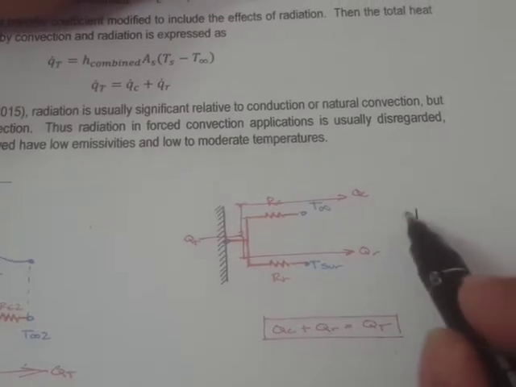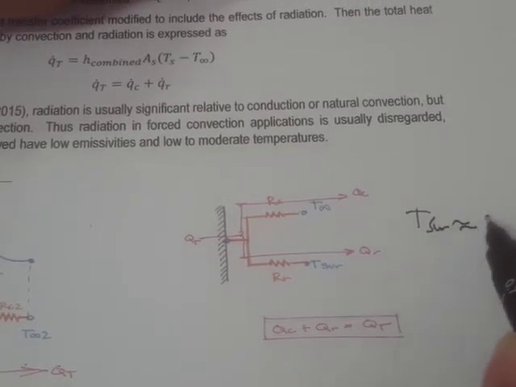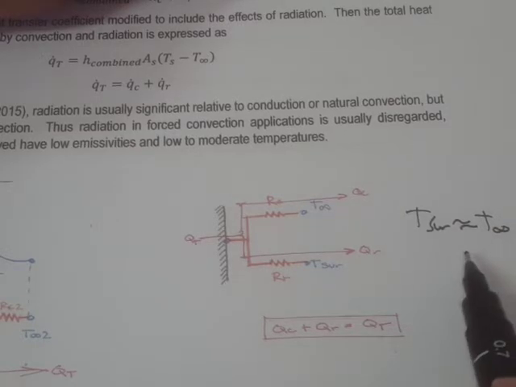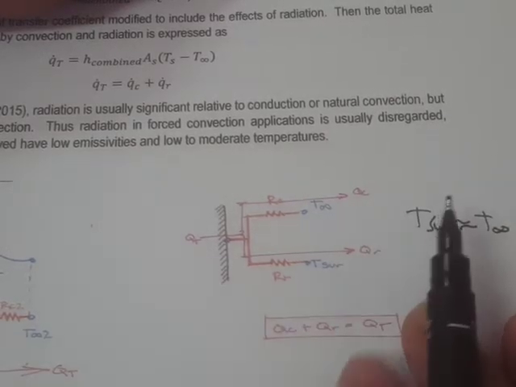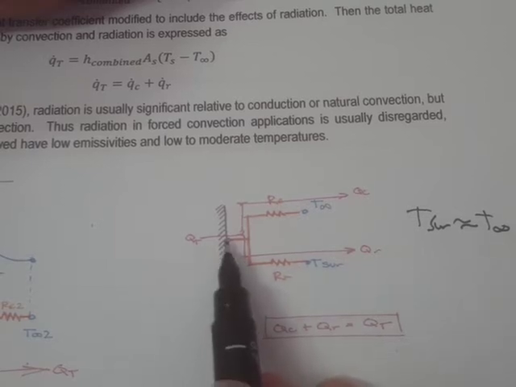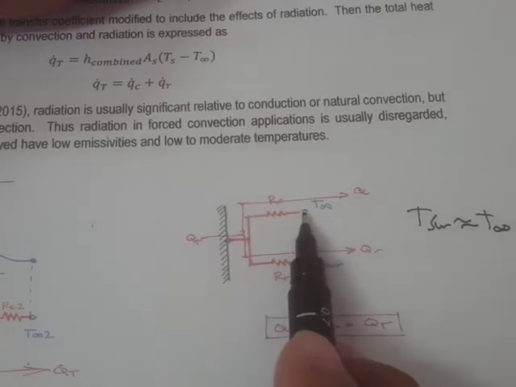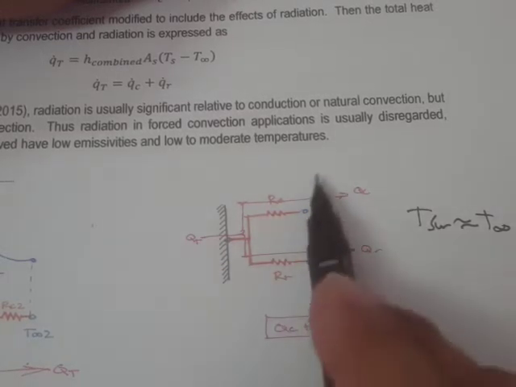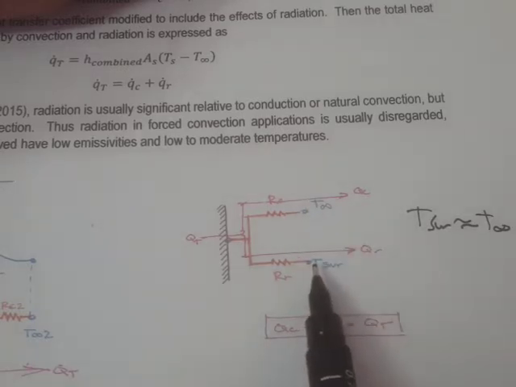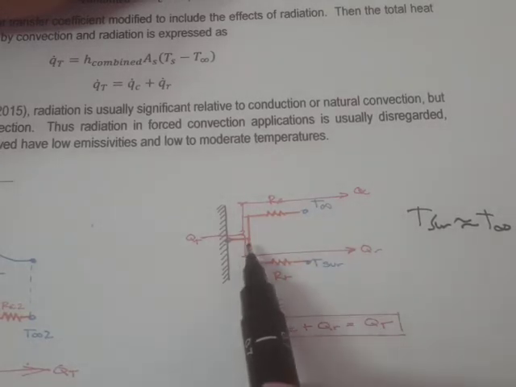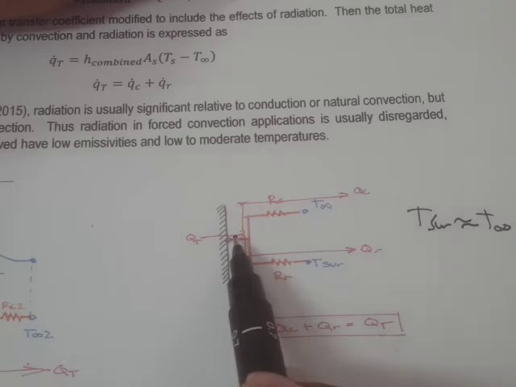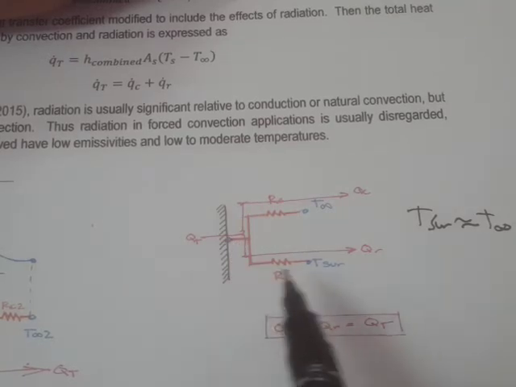Actually, when the temperature of the surroundings is approximately equal to the temperature of the fluid, then we can apply this concept. So here's the temperature of the wall and here's the temperature of the fluid, and let's say they're just equal or approximately the same. Then it is said that if convection and radiation occur, they are modeled as parallel networks.